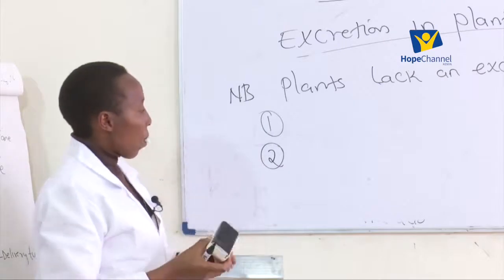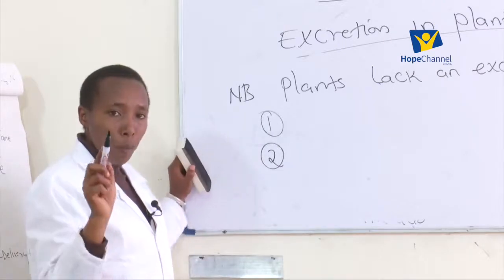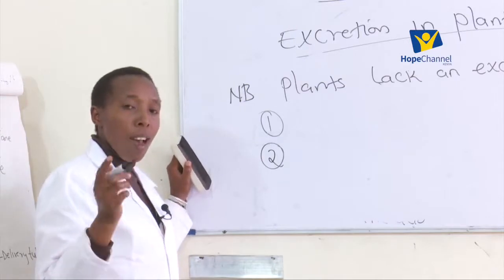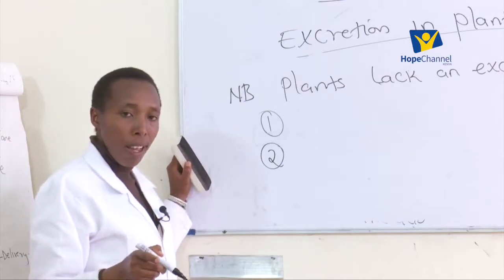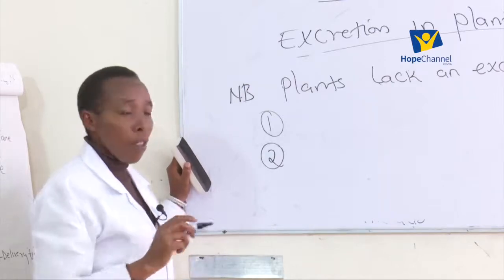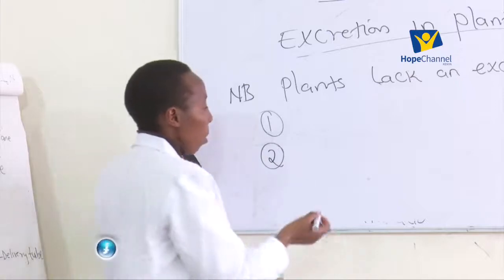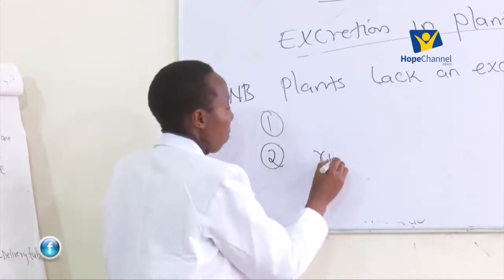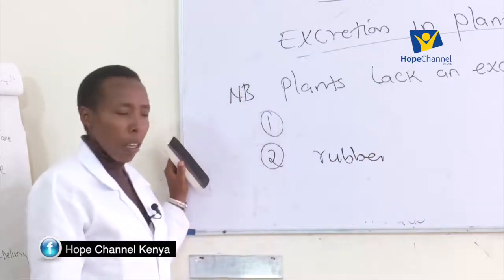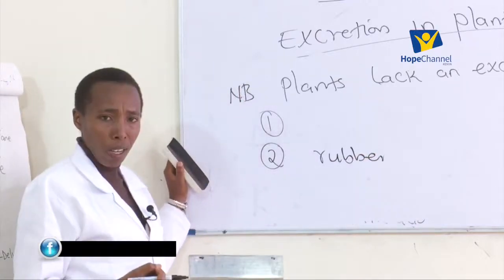Then the third reason why we have no excretory system in plants is that some of the waste products can be converted into non-toxic forms, and then they can be stored in the plant. Like now when I talk about rubber, we say it is an excretory product.